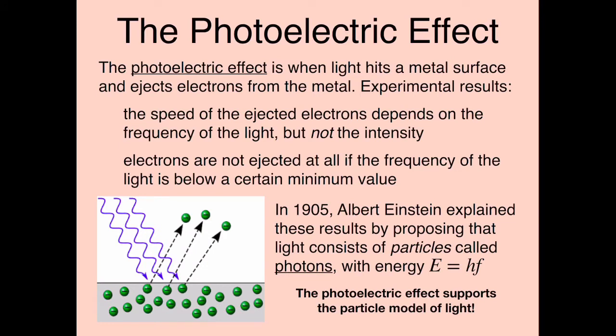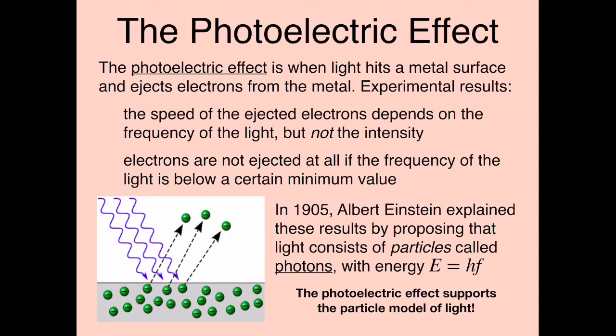So in 1905, Albert Einstein was able to explain these results by proposing that light consists of particles, which we call photons. And each photon has an energy which is directly proportional to the frequency of the light. So his formula was E is equal to h times f, where f is the frequency of the light, and h is what we call Planck's constant.